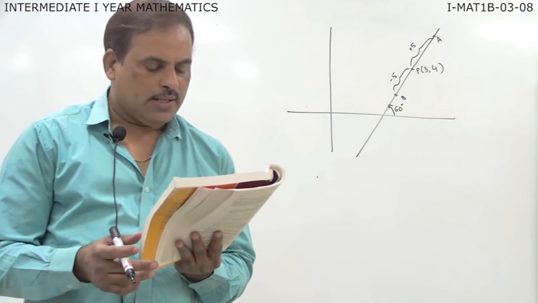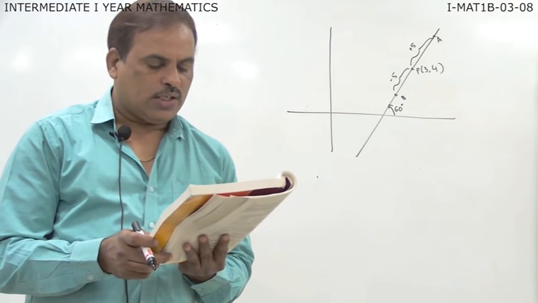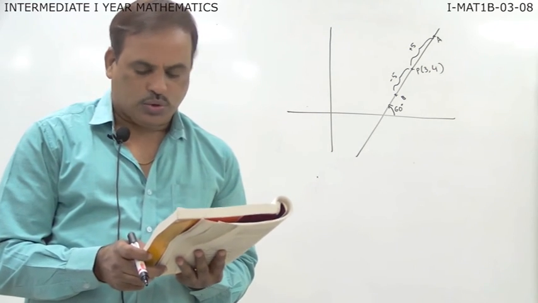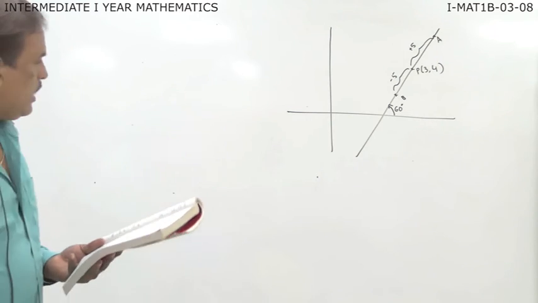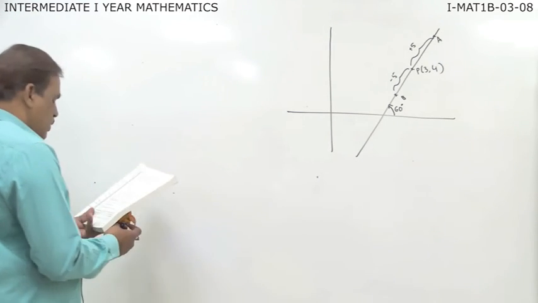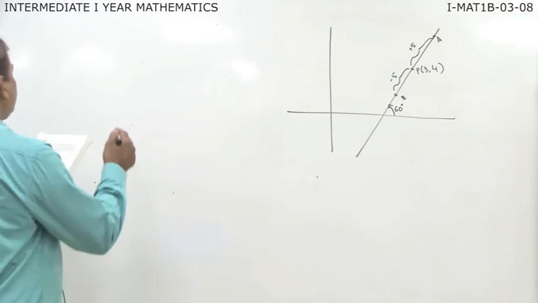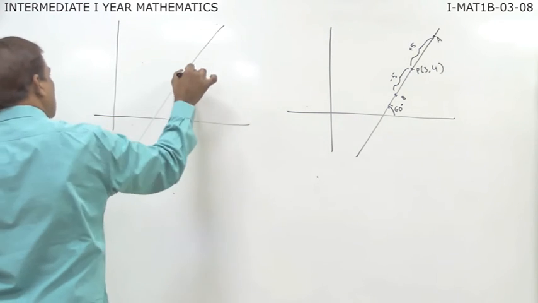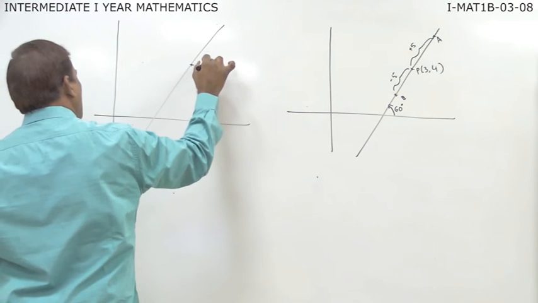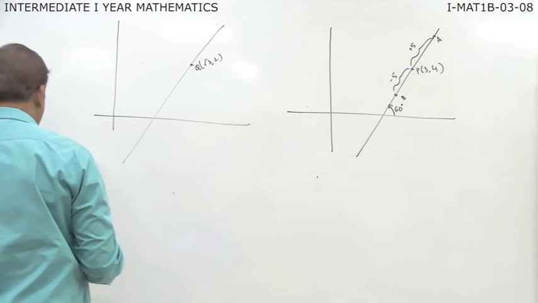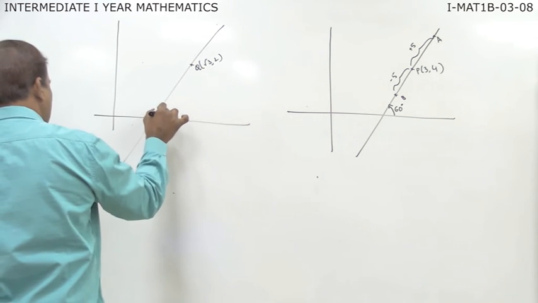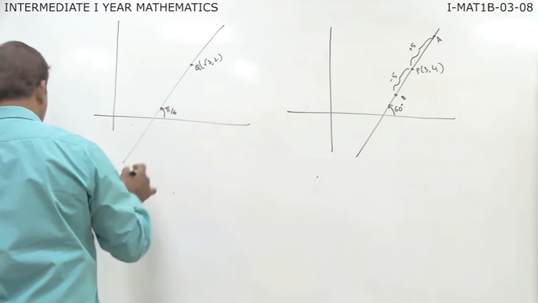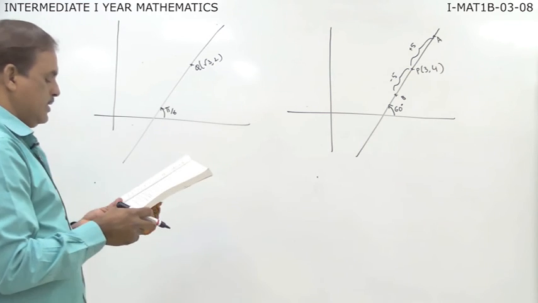Then coming to the third problem: a straight line through Q (root 3, 2) makes an angle pi by 6 with the positive direction of x-axis.